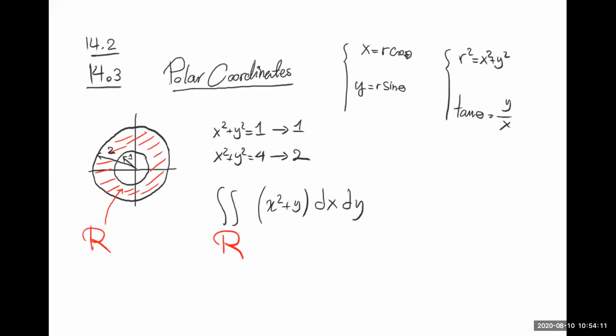What does this thing mean? Okay, this is a notation. So when I write R here, it means I should use this geometric picture here, this ring between these two circles, to find the regions for x and y.